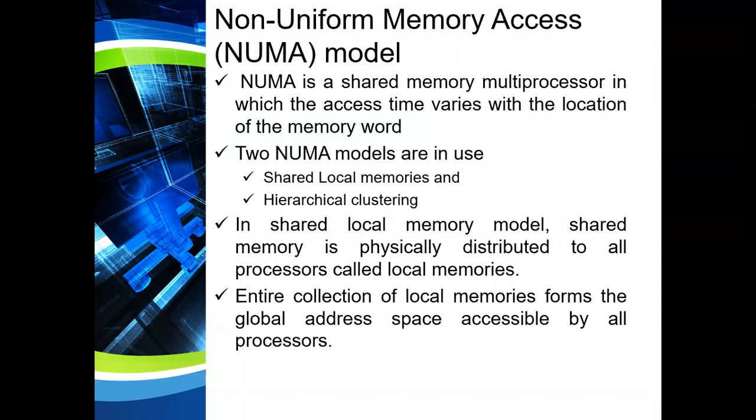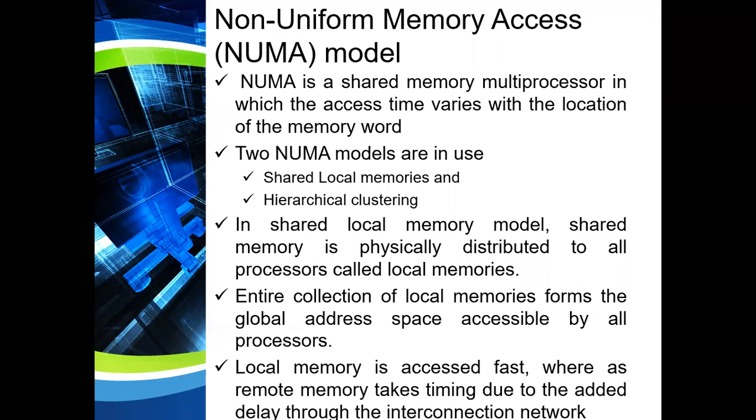For the remote accessing, just now I said, processor 1 would like to access a location of processor 2. Under that aspect, the entire collection of local memory is kept as a global address space concept. So through the global address space, GAS, the remaining processors are accessing the locations, that means the local memories, of other processors.